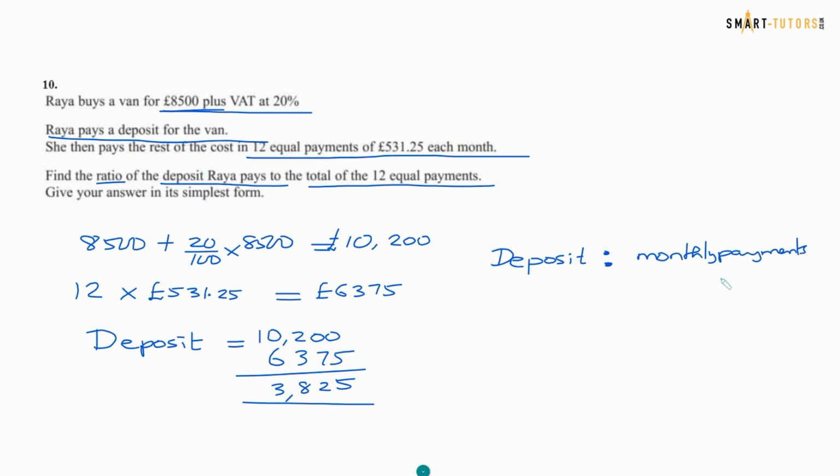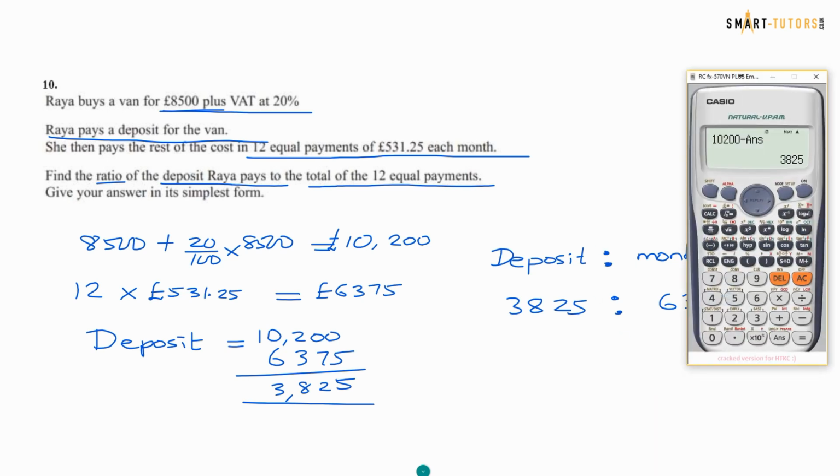So the 12 monthly payments is 6,375, am I right? So deposit to the total of the 12 equal payments, then deposit is 3,825. In simplest form they are asking, so make use of the calculator.